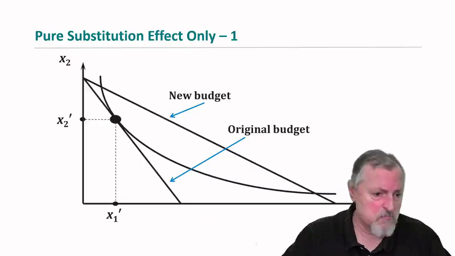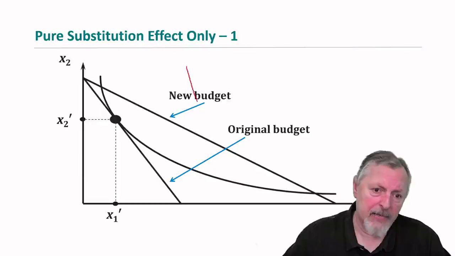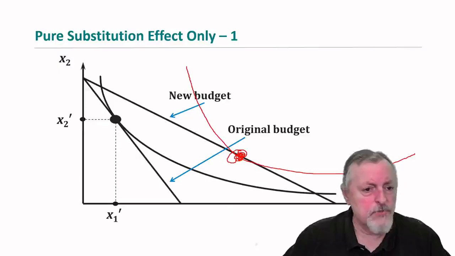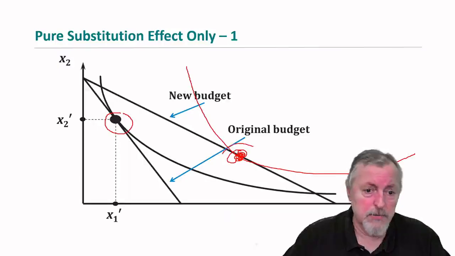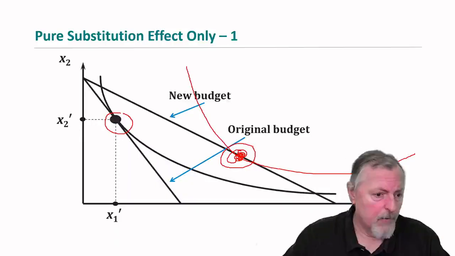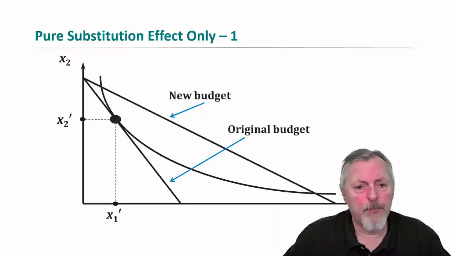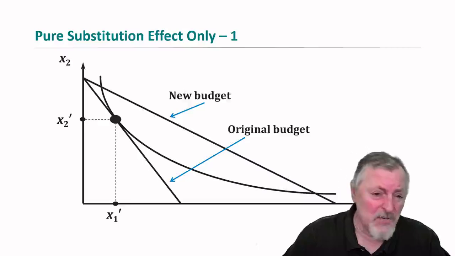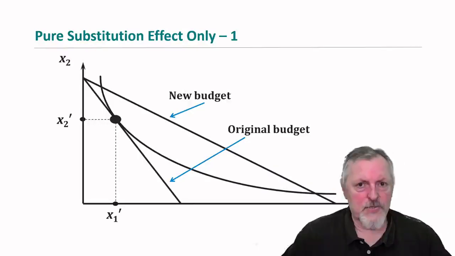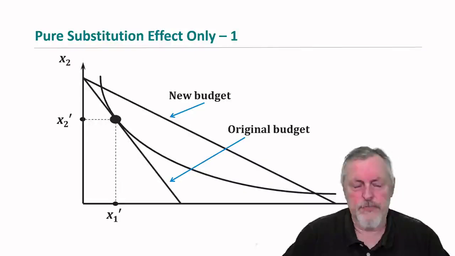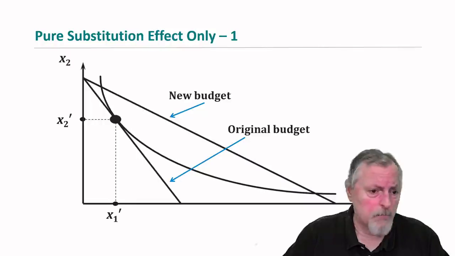Let's say you re-optimized to, if I can draw it very badly, something like that. Well, you've changed from this consumption bundle to this consumption bundle. But how much of that change was because the relative prices changed, and how much because you have a so much bigger budget set? Your purchasing power has gone through the roof. There's a way to find out.